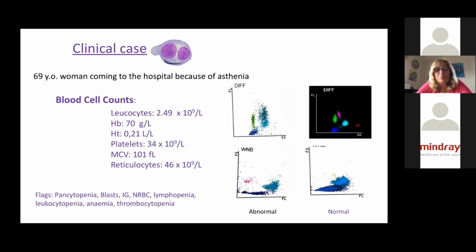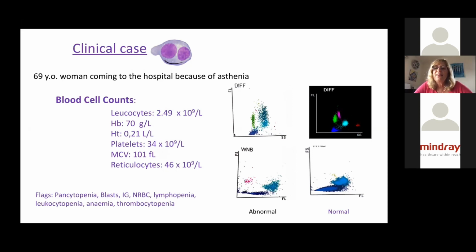The volume of the red blood cells was high, 101 femtoliters, and the reticulocytes are normal. Flags: pancytopenia, blasts, immature granulocytes, nucleated red blood cells, lymphopenia, leukocytopenia, anemia, and thrombocytopenia.